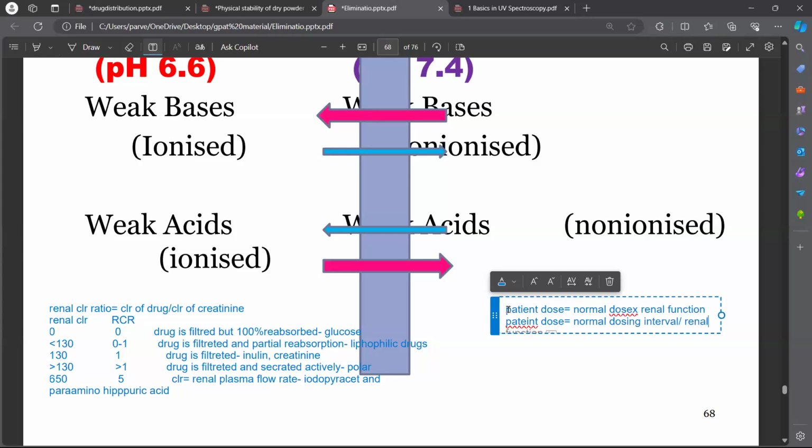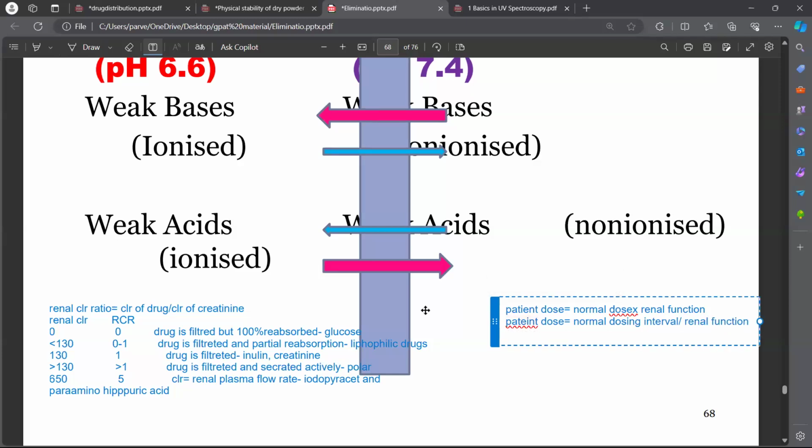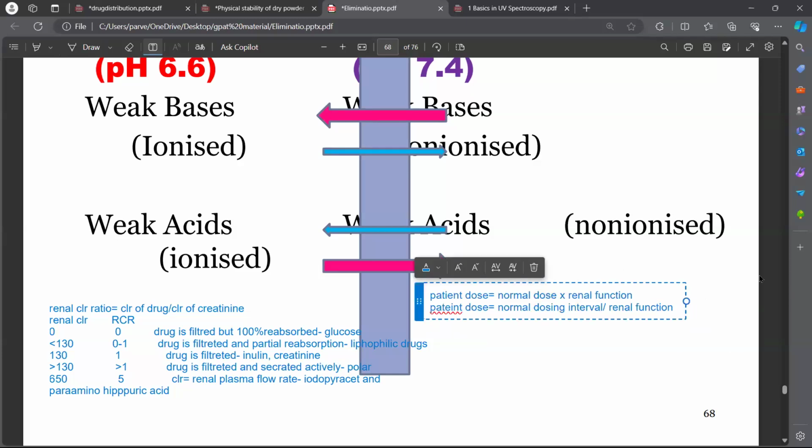These are the two ways by which we can adjust the patient's dose or modify the dosing interval. We can reduce the dose while keeping the same dosing interval, or we can have no change in the dose but increase the dosing interval.